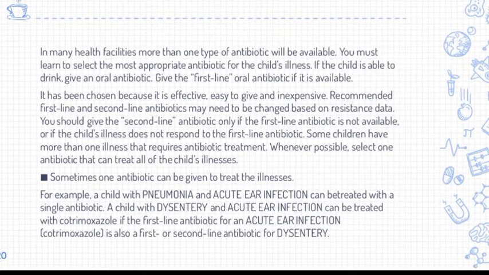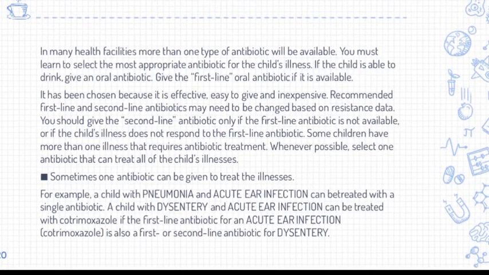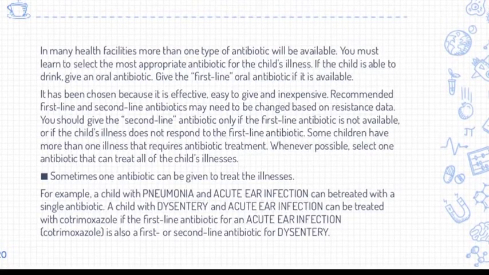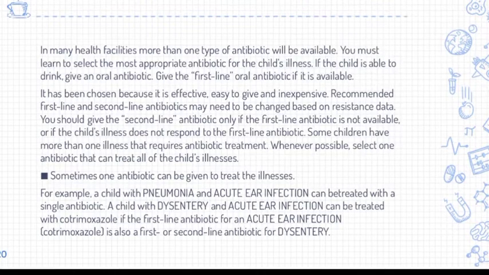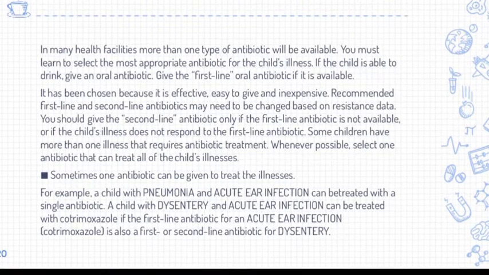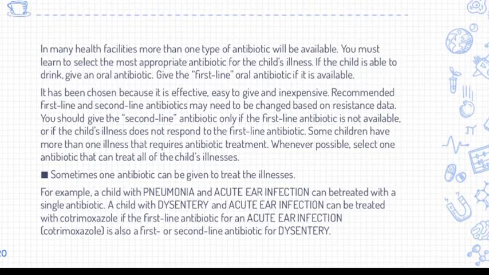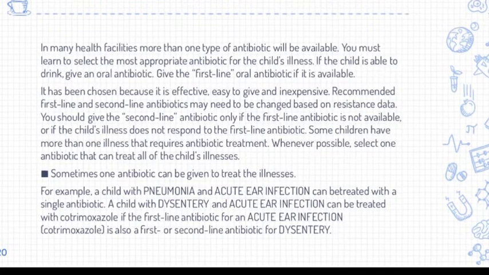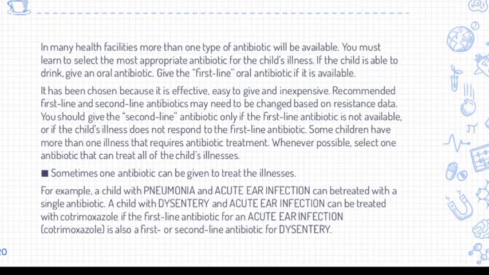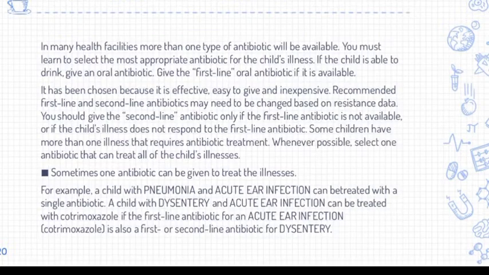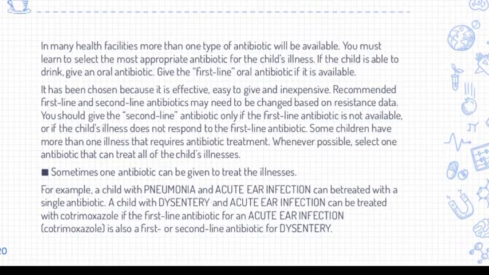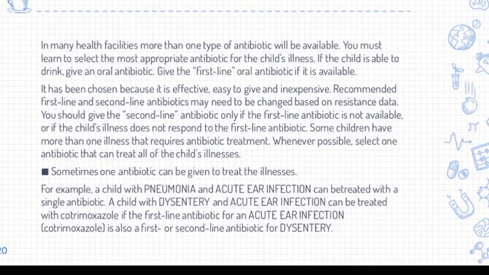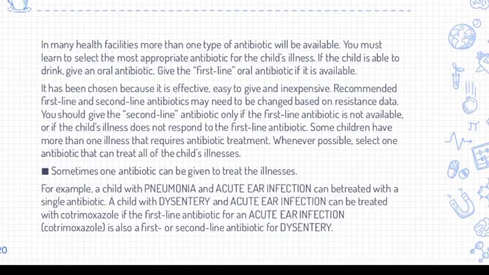Some children have more than one illness that requires antibiotic treatment. Whenever possible, select one antibiotic that can treat all of the child's illnesses. So, the oral antibiotic you give, if possible, should treat all the illnesses of one child.